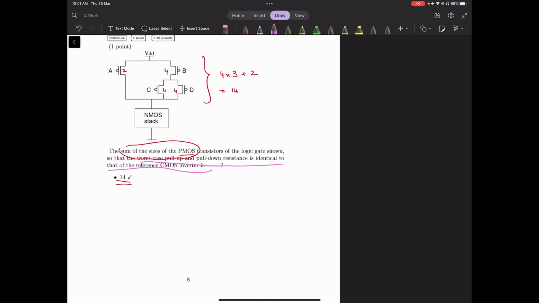You can see that it's a size 2 for that stack. It's a size 1 for this stack, but the base size is 2, and it's a stack size of 2 over here. Since the base size is 2, each MOS device will have a size of 4. If you sum up all these transistor sizes, it will be 14, which is the answer.